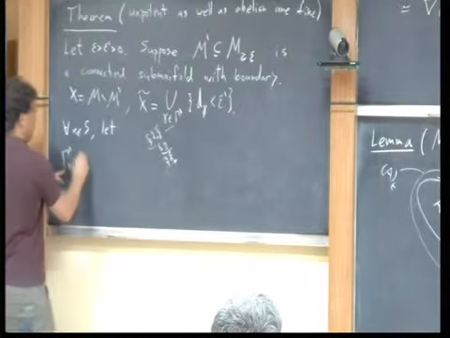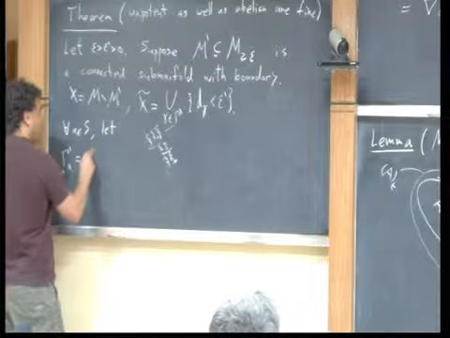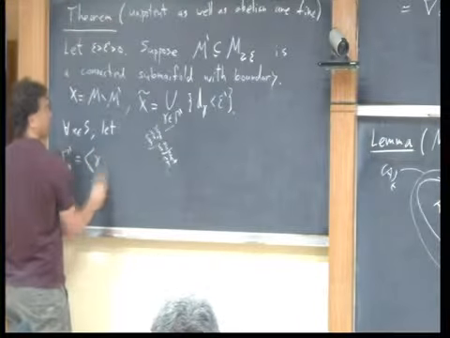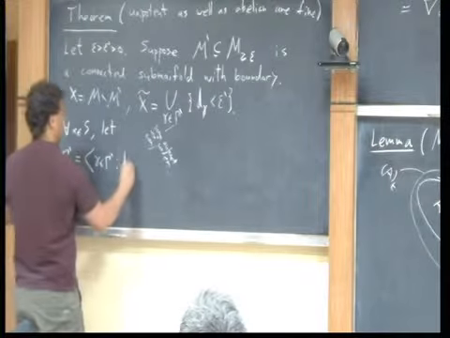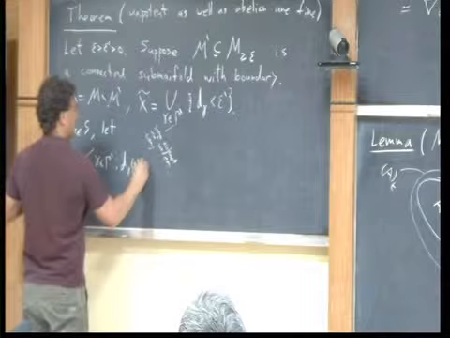This will be a group. This is the group generated by all the elements in gamma prime such that the displacement of gamma at x is less than epsilon prime.